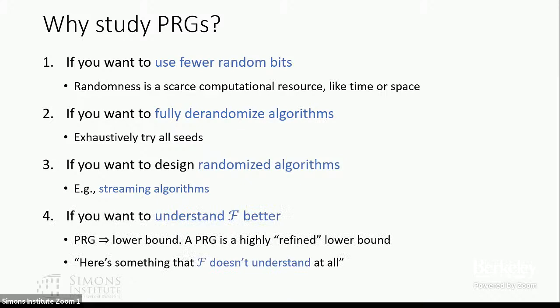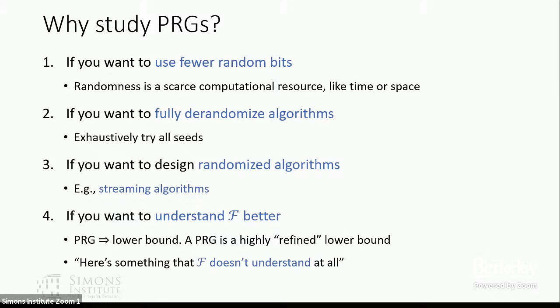But maybe actually the most important reason is a little bit subtler, which is just that when we design a pseudorandom generator for some class of functions f, if we're able to design an unconditional generator, a construction that we can truly just write down and analyze, then that really sheds a lot of light on this class f. It teaches us something about this model of computation. So you can think of a pseudorandom generator as a highly refined type of lower bound for this model.